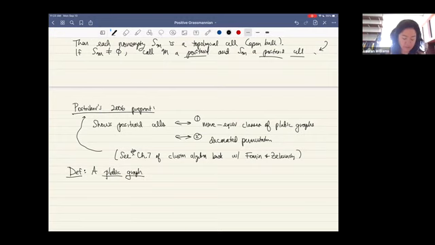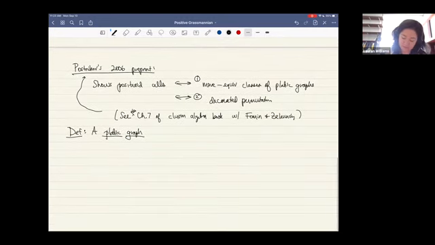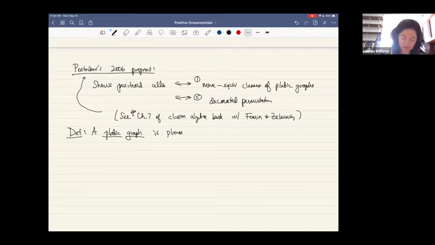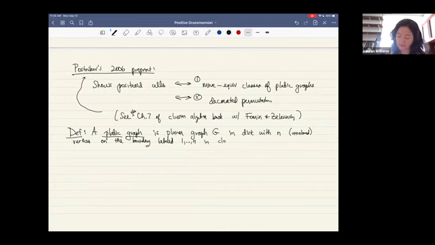So a plabic graph is a planar graph G in the disk with n uncolored vertices on the boundary labeled 1 through n in order, let's say clockwise order, such that the following properties hold.